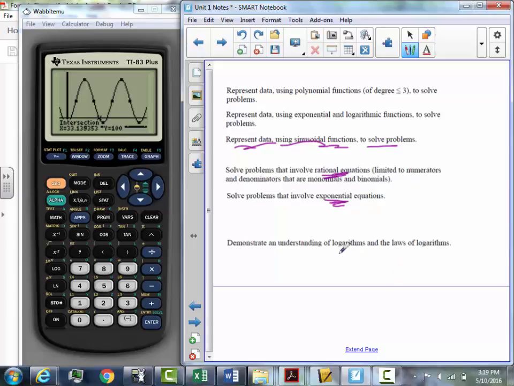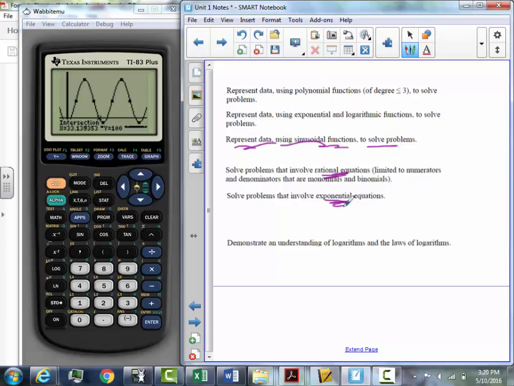You have to be able to use all the log laws, but it doesn't say anything about that for sine. So all you have to be able to do is look at a graph and solve some problems. I might give you data and you plot it. I might give you an equation. But pretty much all you have to do here is know the graphs. So that's our unit. Know what polynomial graphs, exponent and log graphs, and sine graphs look like, and in all of these cases, solve problems involving them.